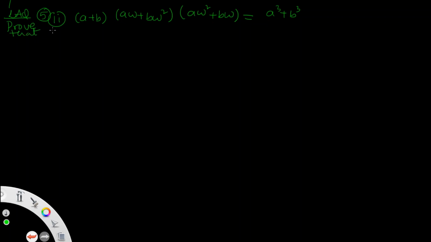(a + b)(aω + bω²)(aω² + bω) = a³ + b³. So that is one of the properties given. 1, ω, ω² are the cube roots of unity, as given previously.